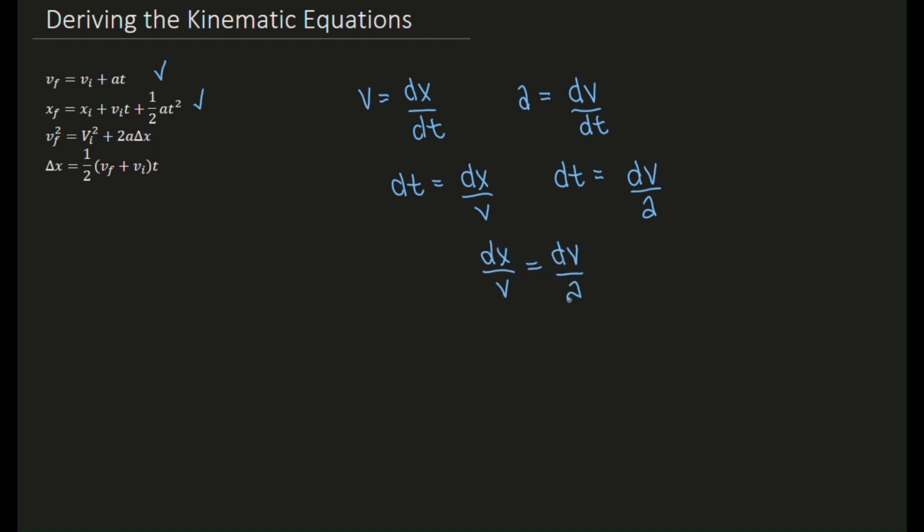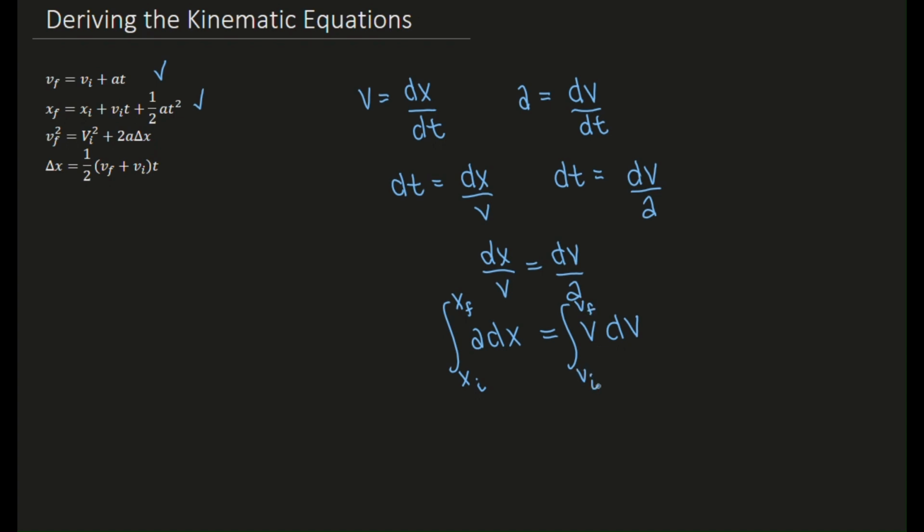If I move them to their corresponding sides, I get acceleration times change in position equaling velocity times change in velocity. And I integrate the left-hand side from some initial position to some final position, the right-hand side being integrated from some initial velocity to some final velocity.